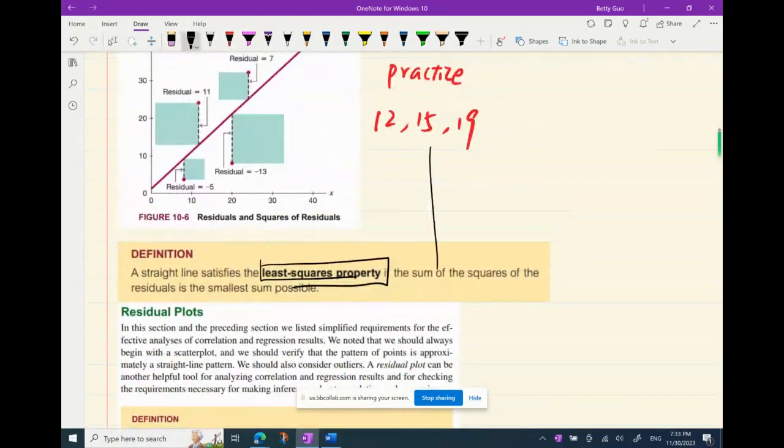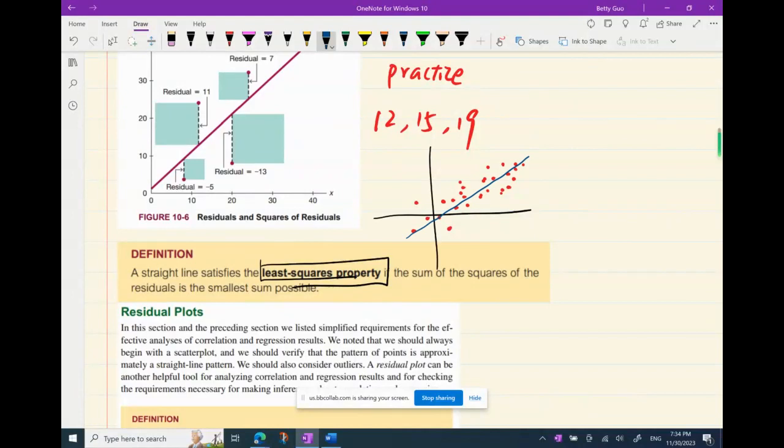So let's say we have a scatter plot. We have a bunch of points, right? We talked about scatter plots already in the previous section. There is a straight line that best fits the linear pattern here.